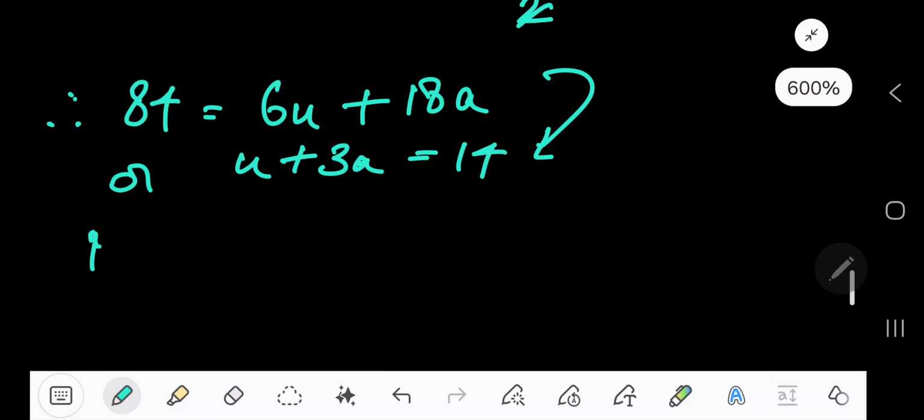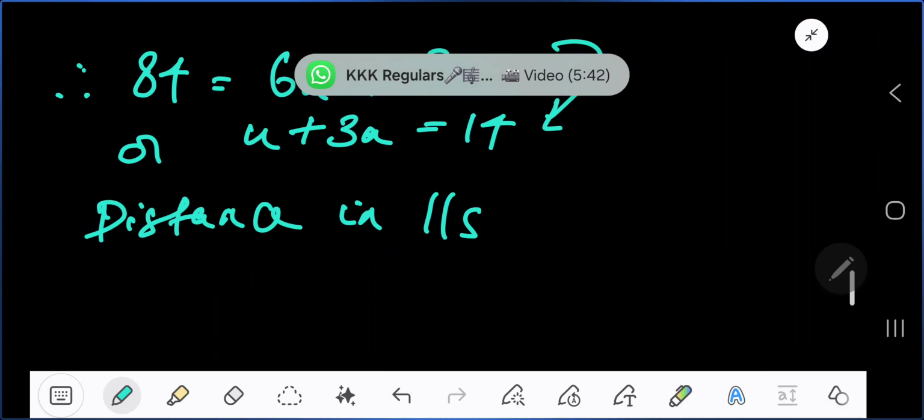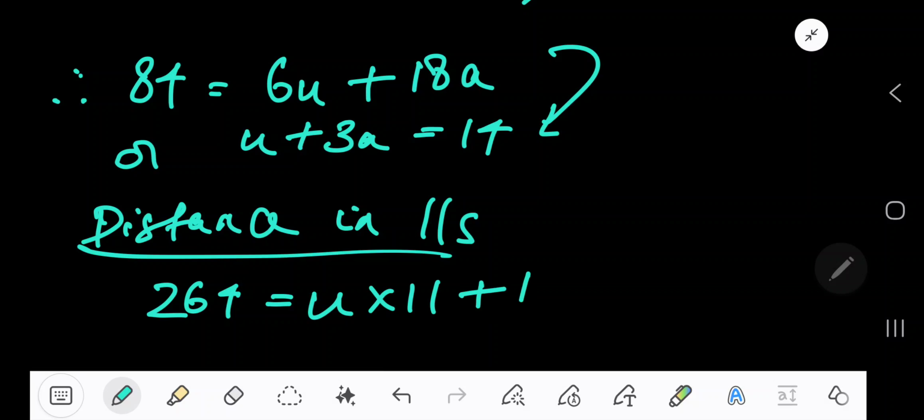So this was for the distance traveled in 6 seconds. Now we'll put this in for 11 seconds. So 264 equals u times 11 plus 1 over 2 a times 11 squared.